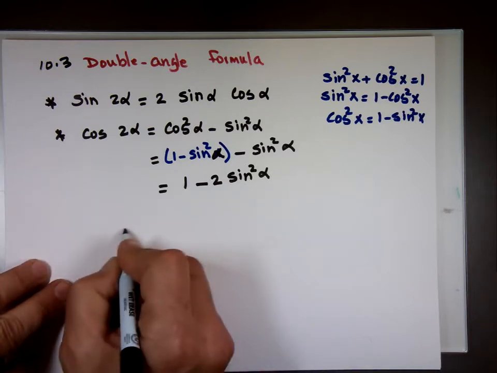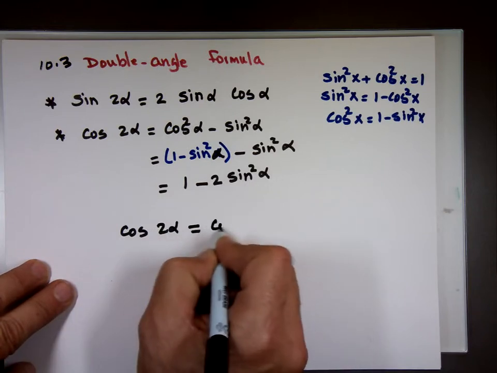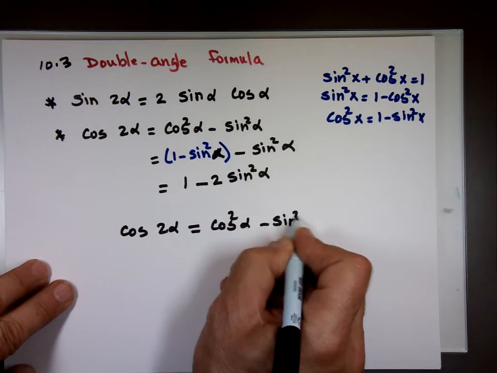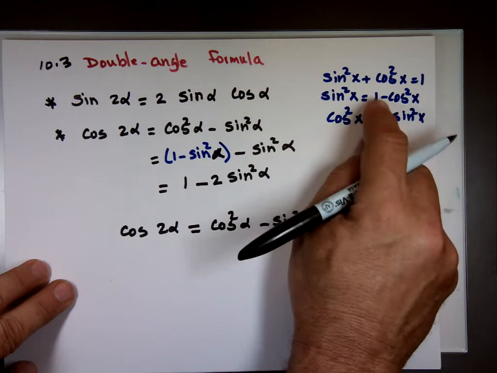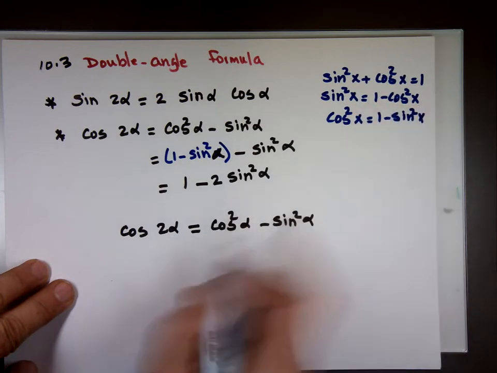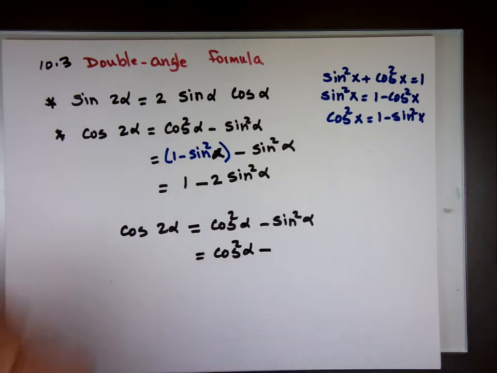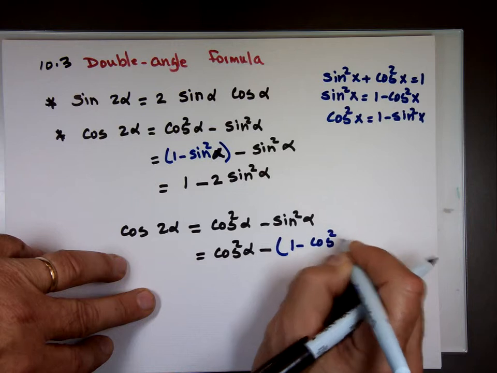If you go back, cosine 2 alpha equals cosine squared alpha minus sine squared alpha. If you replace sine squared with what? 1 minus cosine squared, so you'll have cosine squared alpha minus 1 minus cosine squared alpha.